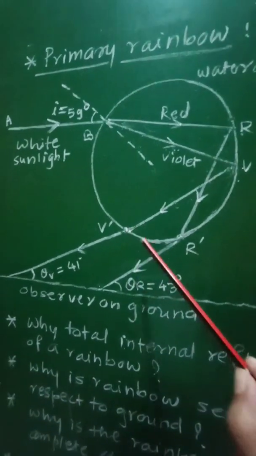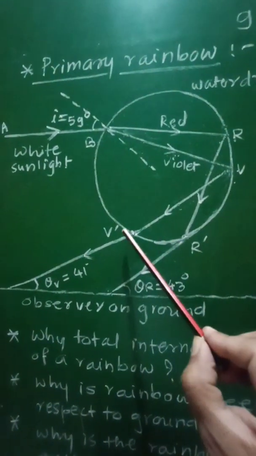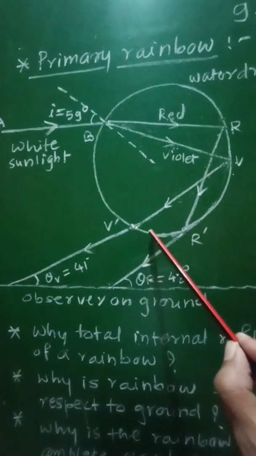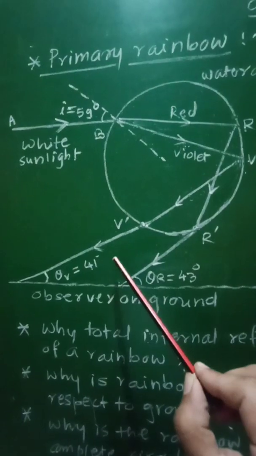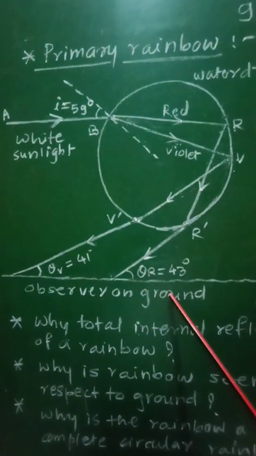After that, from R dash and V dash, the red color and the violet color rays will emerge out of the water drop and will be seen by the observer on the ground.